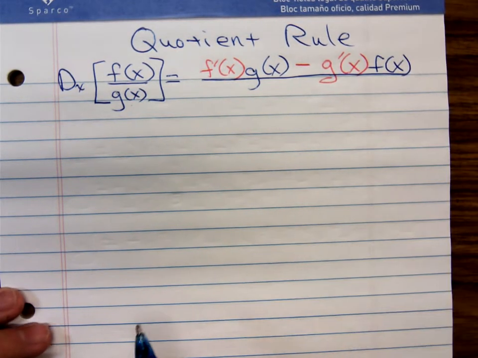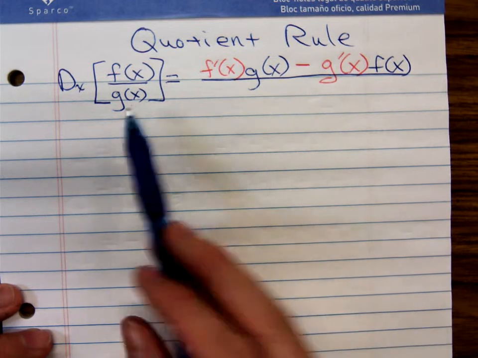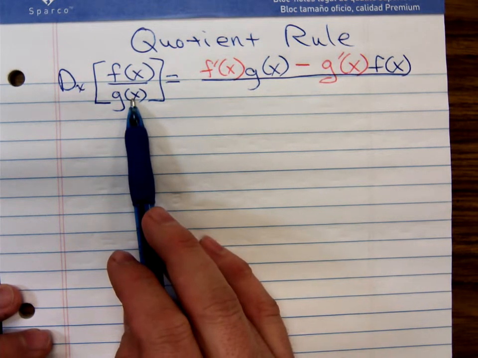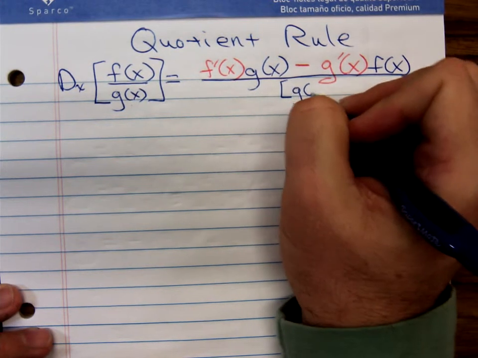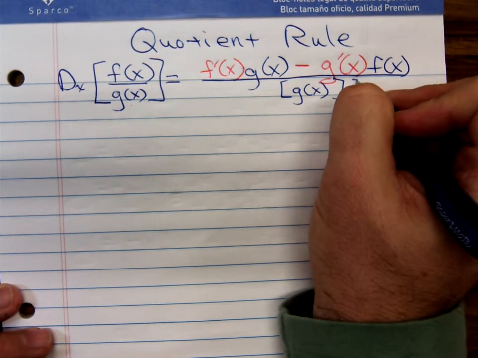The denominator, you take the original denominator and square it. So whatever that denominator is, g of x, you square it to get the new denominator.